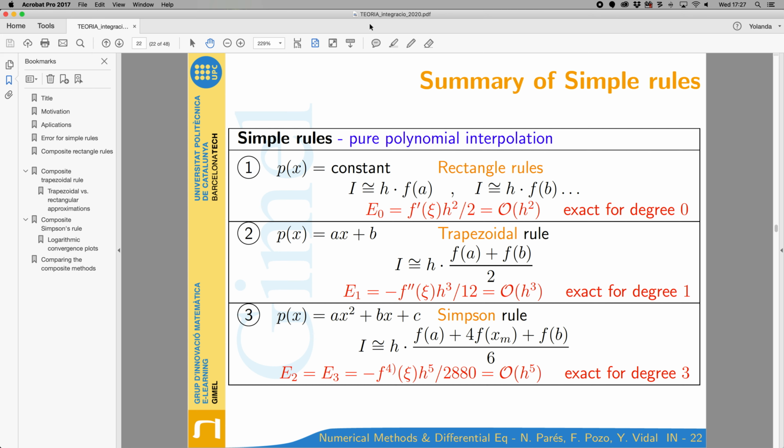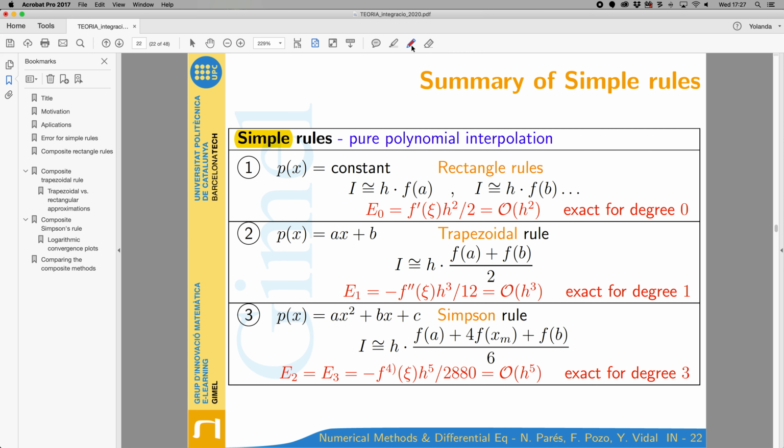Now we saw what are called the simple rules, and they are called like that because the main idea is to use an approximated polynomial in the whole interval AB.